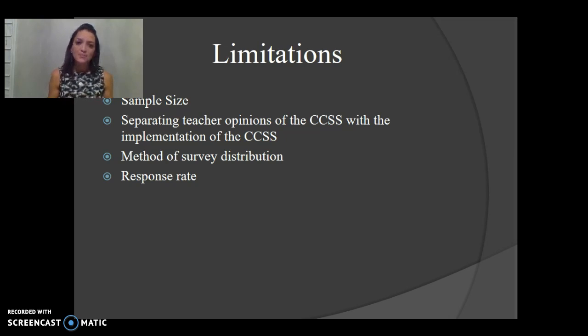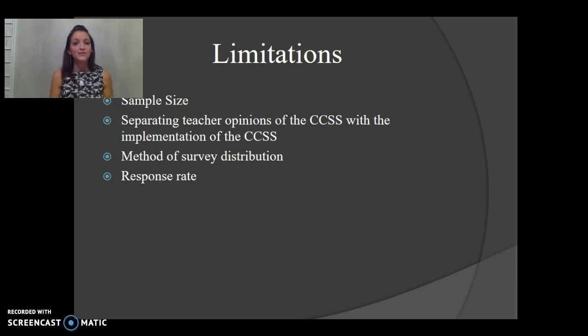So sometimes what is actually being evaluated might be more than just their opinions of the Common Core, maybe factors unrelated to the standards themselves. So finding ways to evaluate teacher opinions specifically of the Common Core and then maybe specifically of other aspects of the implementation would be suggested for future research.